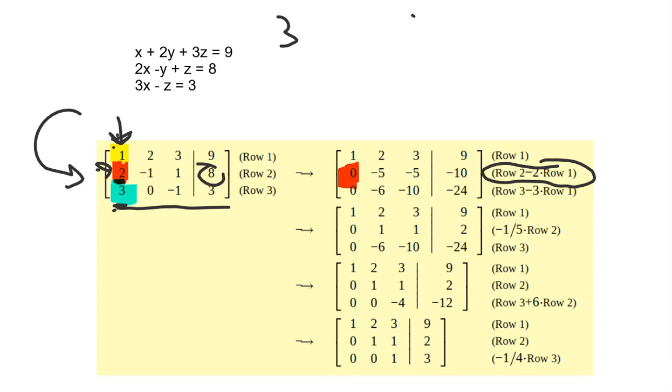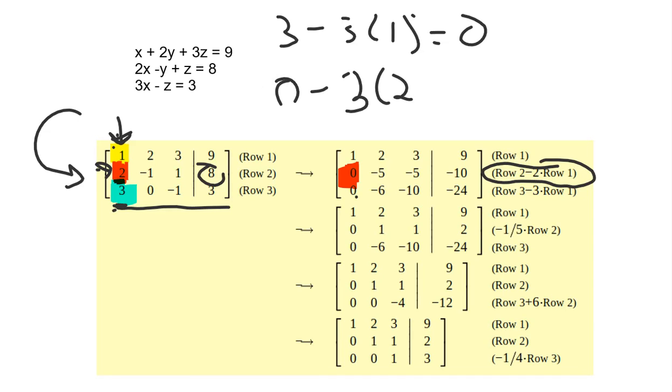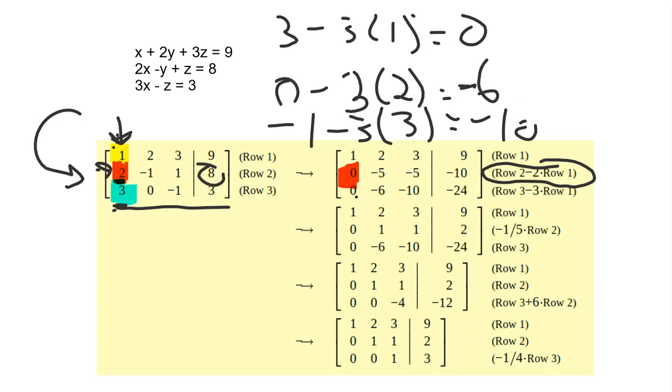So I would have 3 minus 3 times 1 giving me a 0 in my first column. Then I have 0 minus 3 times 2, which gives me a -6. And then -1 minus 3 times 3 gives me -1 minus 9, which is -10. So I have 0, -6, -10, and remember I have to do the same thing for the last one.